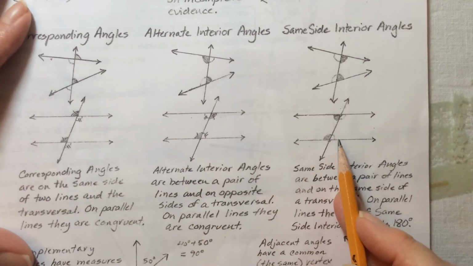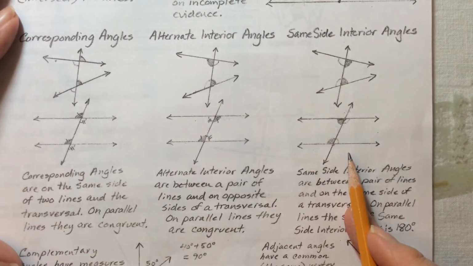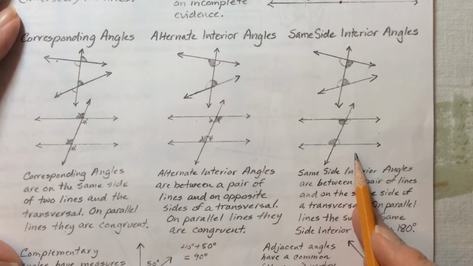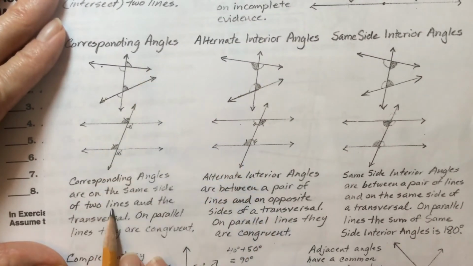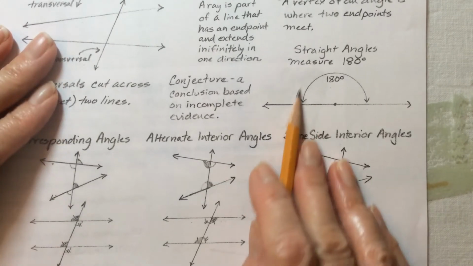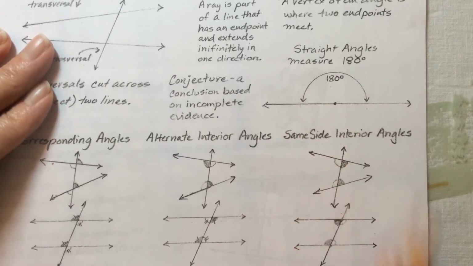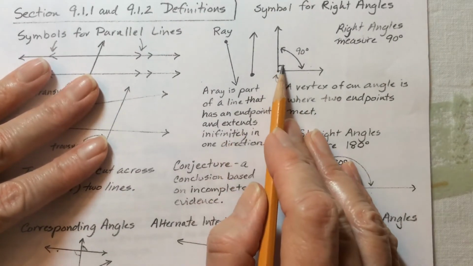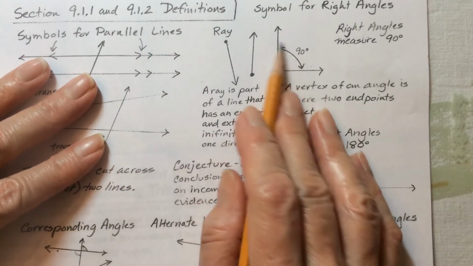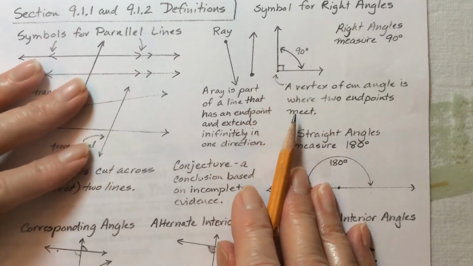And with same-side interior angles, well, this actually isn't really something that's covered in the puzzle. So it's mainly this, and you should understand straight angles total 180. And then you should also remember that this little square symbol here means that the angle is 90 degrees.